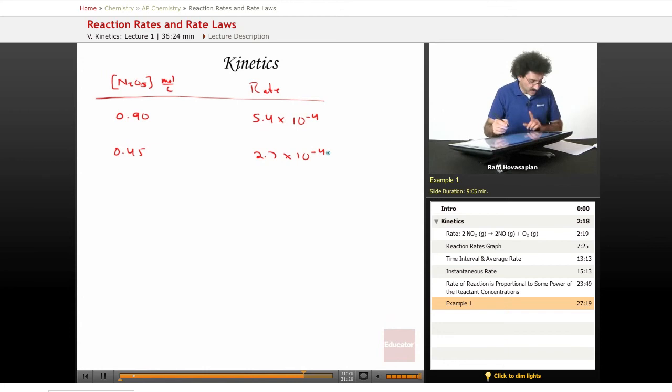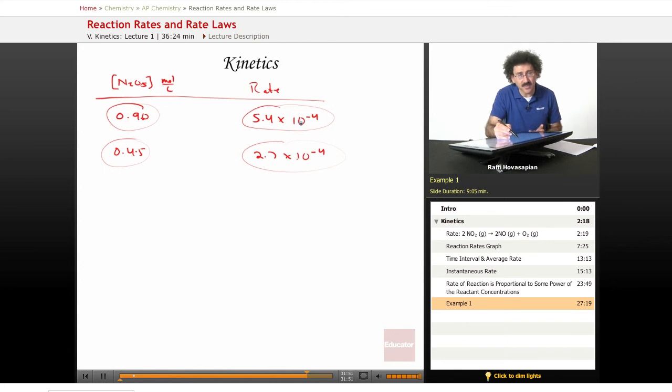Now, notice what's happened here. At a certain concentration, I measured the rate of the reaction with a tangent line. At another concentration, I measured the rate, but notice the relationship between these two. I did this specifically. This is half of that, and this also happens to be half of that.